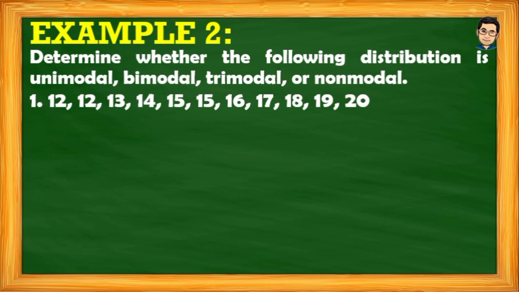Which of our data appear more than once? The 12 and 15. The 12 appears 2 times, and the 15 also 2 times. So our modes here are 12 and 15, and the type of mode is bimodal.